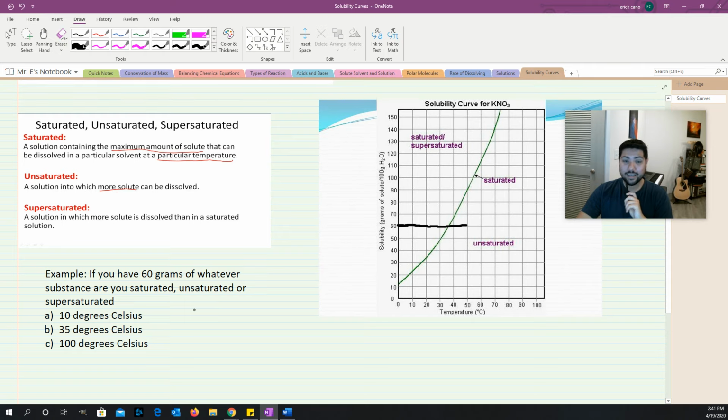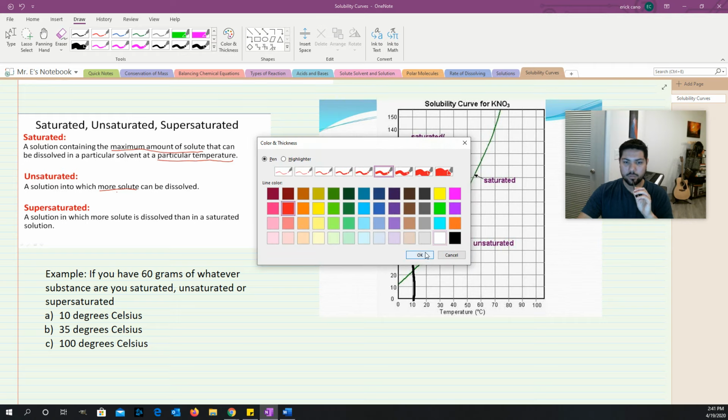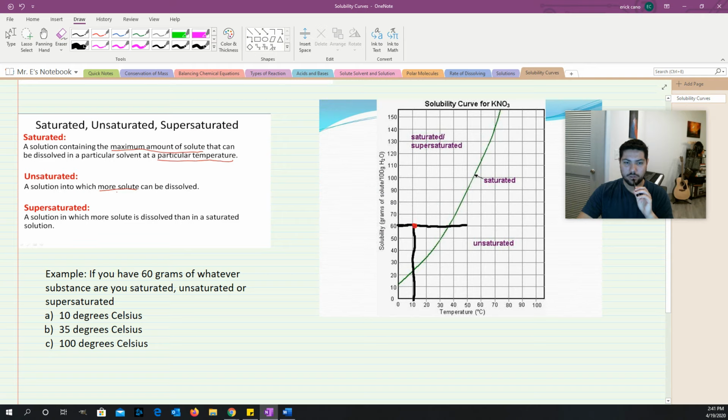At 10 degrees, well, let's see, at 10 degrees, I would be at a special point. Let's pick red. I would be at this point. Would I be saturated, unsaturated, or supersaturated? Well, it looks like I'm above this line, so then I am supersaturated.